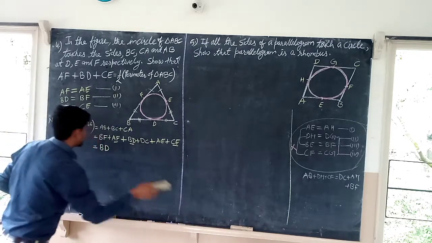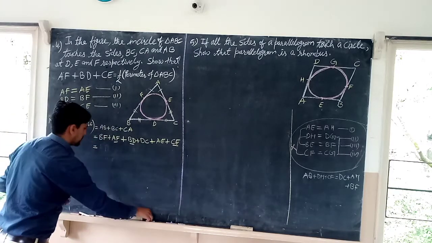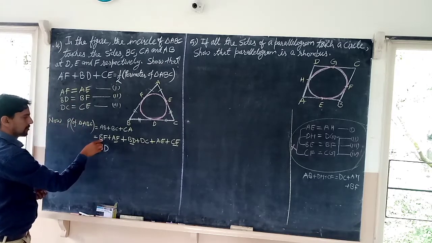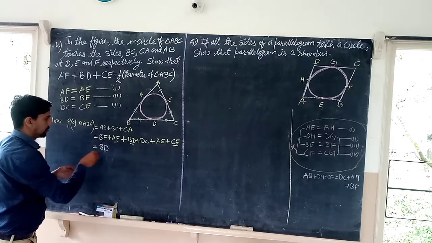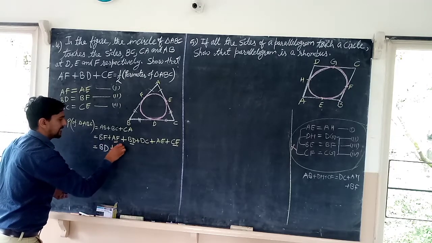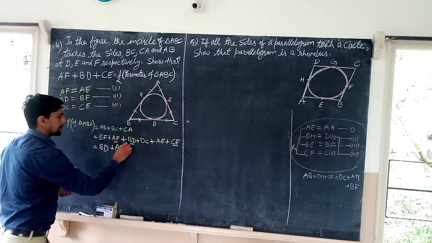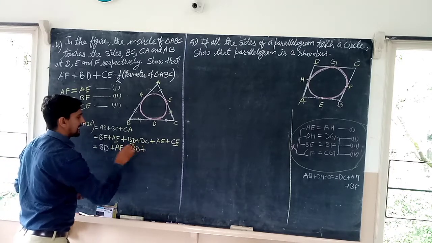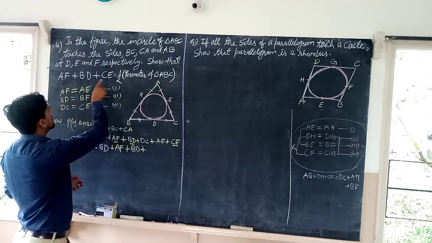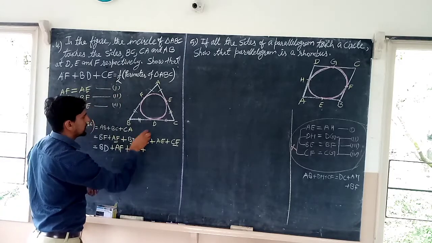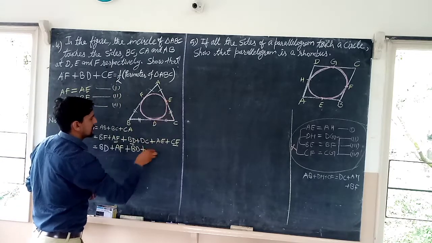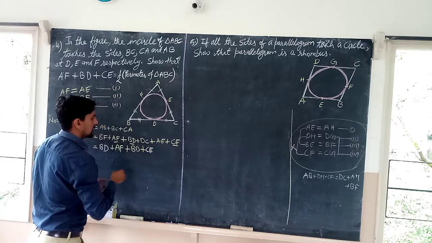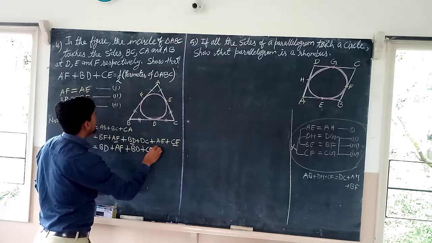Let me write it down for you with different chalk. I wrote BD in place of BF, plus AF. I didn't do anything with AF, and BD is also the same because I need these. DC I don't need, so in place of DC I can write CE, because DC and CE are equal, plus AE.